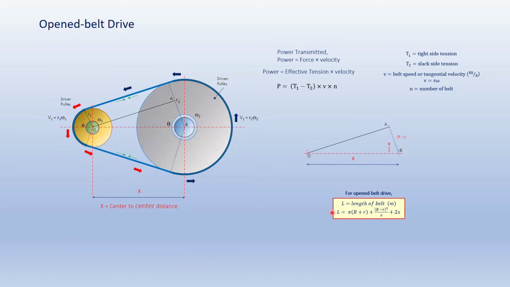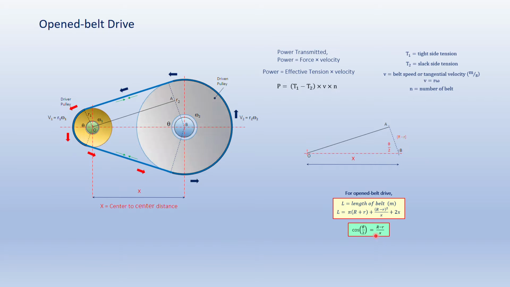In the formula for the length of the belt, look at my laser pointer, this is minus for an open belt. For a cross belt, this should be a plus. Can you see? That is the formula we use for the length of belts.